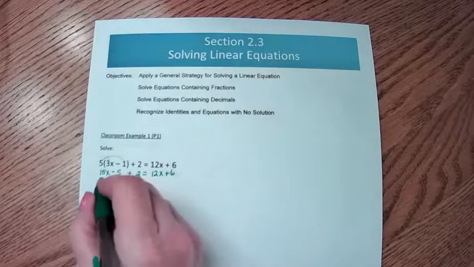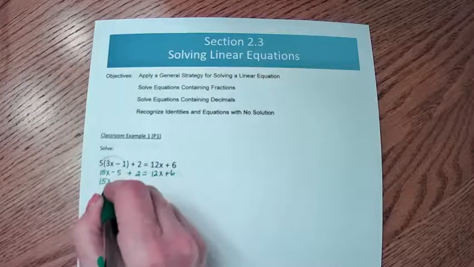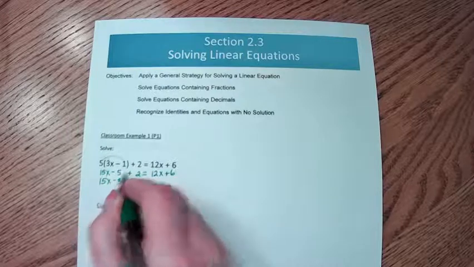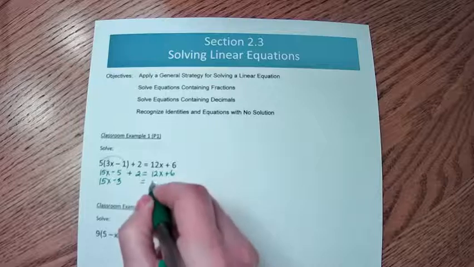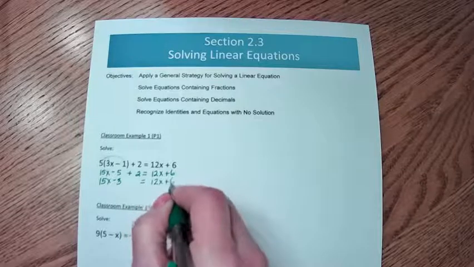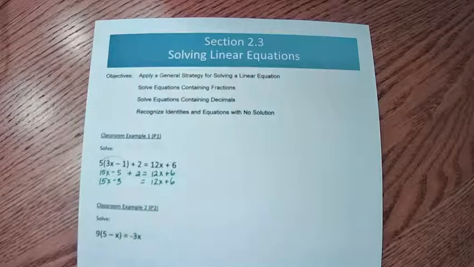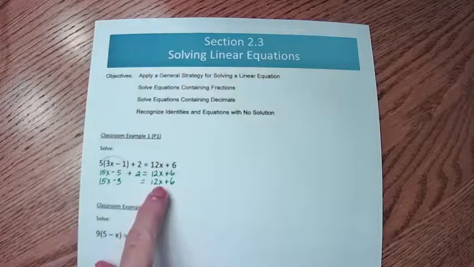Now let's combine our like terms. This is going to become 15x minus 3 equals 12x plus 6. You know, just one operation per line. We have an x here and an x here.